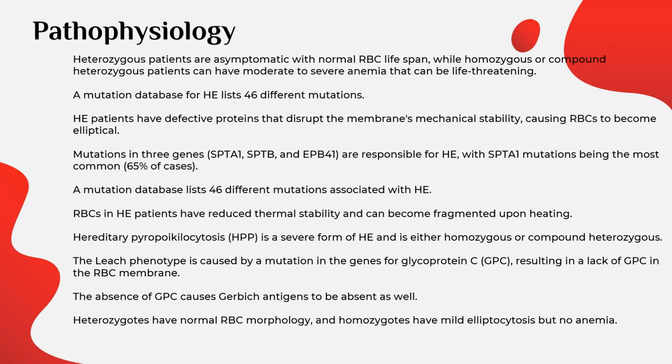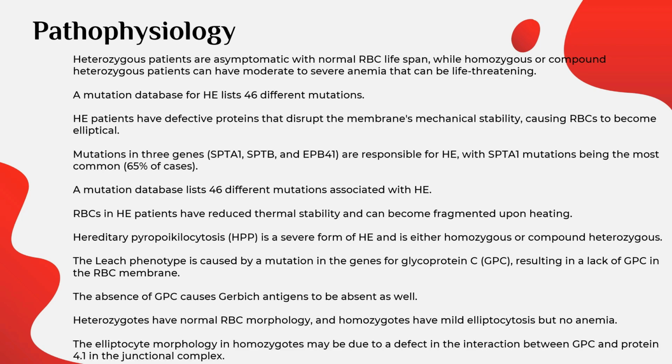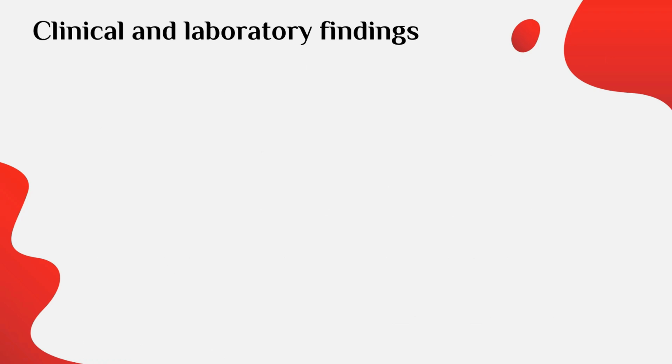Heterozygotes have normal RBC morphology, and homozygotes have mild elliptocytosis but no anemia. The elliptocyte morphology in homozygotes may be due to a defect in the interaction between GPC and protein 4.1 in the junctional complex. Clinical and laboratory findings.